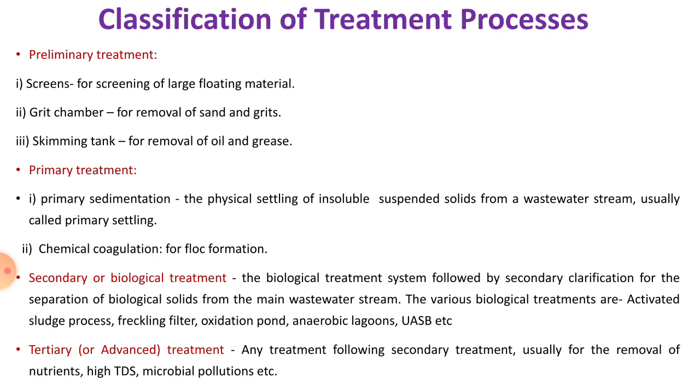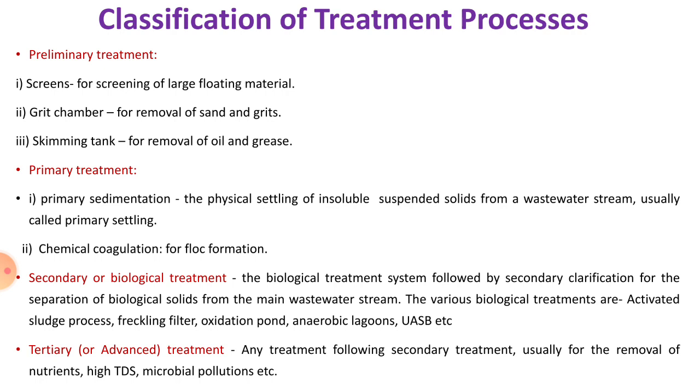So we can say that it contains the advanced treatment, where if certain toxic elements, heavy metals, microbial pollution, and nutrients are to be removed, and as they cannot be removed in the secondary or biological process, then definitely we have to provide the advanced treatment for the removal of such pollutants. This treatment is called tertiary or advanced treatment.